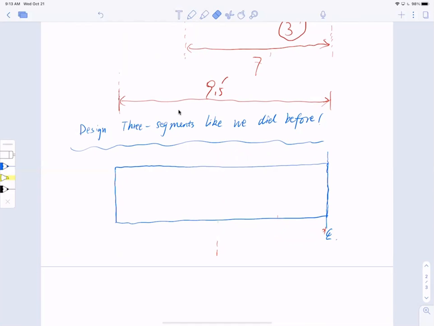Sorry about that. So now I have 3 feet roughly for zone 1, 4 feet for zone 2, and 2.5 feet for zone 3.